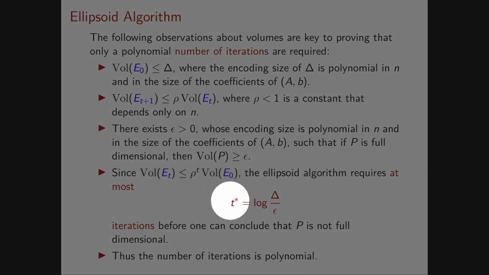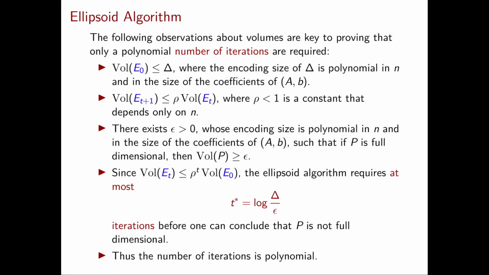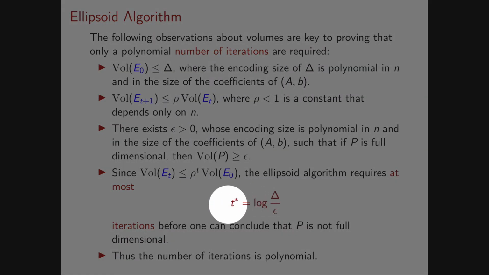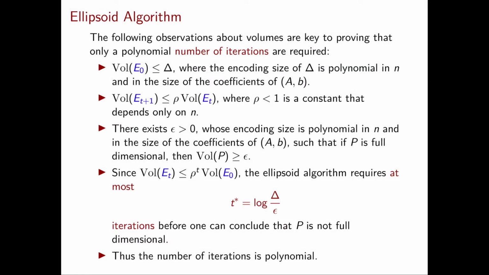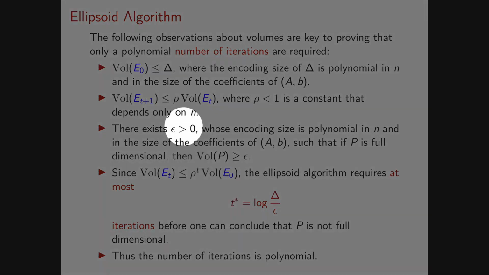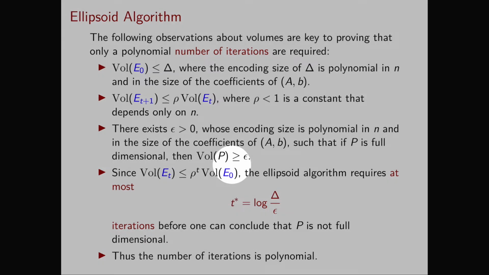And the t that you obtain is t star equal to the logarithm of delta over epsilon. At this point, if the ellipsoid algorithm arrives at iteration t star, the algorithm has constructed an ellipsoid E_{t star} with volume smaller than epsilon, so it can conclude that P is not full dimensional.